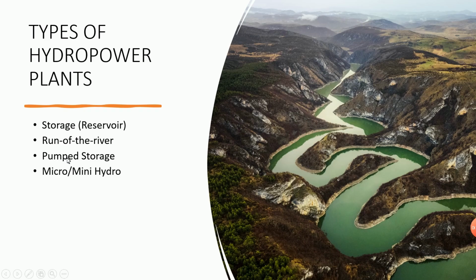Then this one is pumped storage. I think உங்களுக்கு ஏற்கனவே இந்த உதாரணம் சொல்லியிருக்கேன்னு தெரியல. So now you guys know that Andhra Pradesh has been split up into Seemandhra and Telangana. That particular region, that state itself, geographical region, has so many mountains.